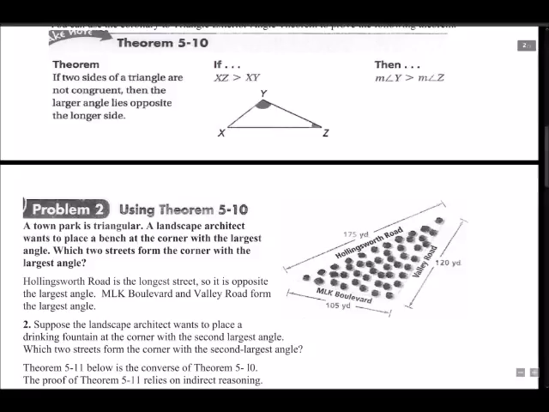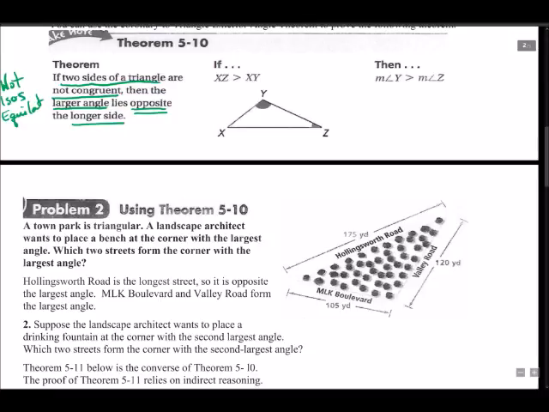It says, if two sides of a triangle are not congruent, so that means not isosceles and not equilateral, then what happens? The larger angle is opposite the longer side.